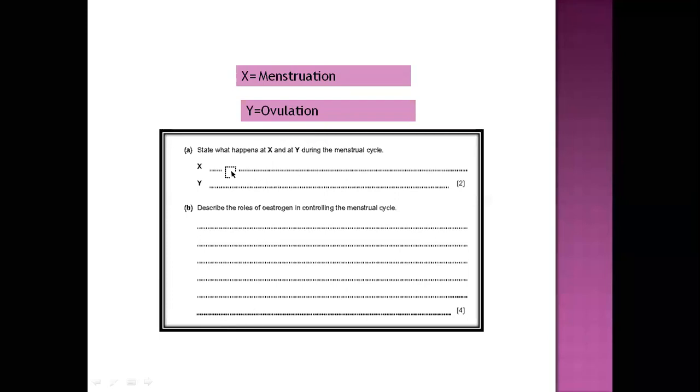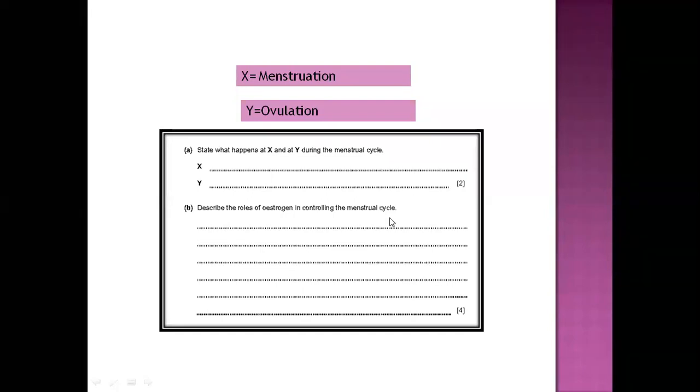Now let's move toward another question: describe the role of estrogen in controlling the menstrual cycle. It starts production before ovulation and repairs and makes the endometrium lining thick for baby implantation.